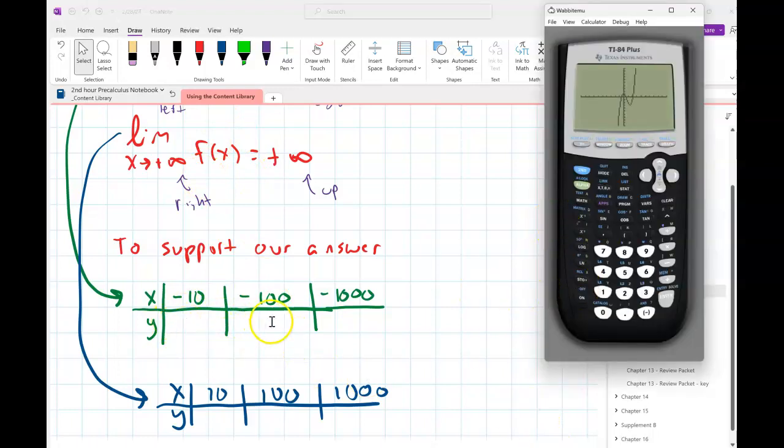So to get the corresponding y values, the easiest way is to use that y1 command, just like we did in the previous section. So I'm going to go to my main screen here, and then get the y1. Where do I go to get y1? Vars, then what? Y vars, good. And then what? Function, and there it is. So I'm just going to do y1 of negative 10.